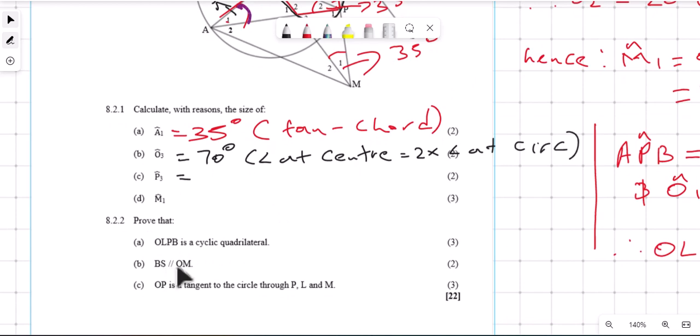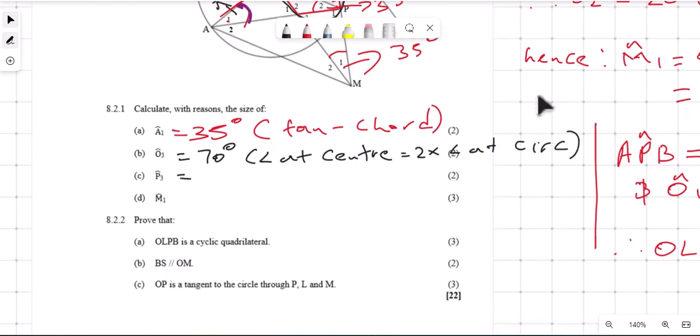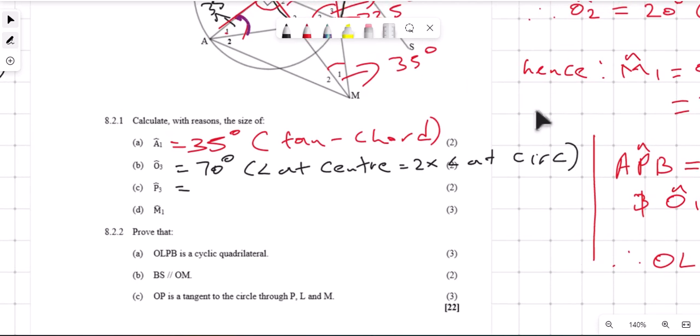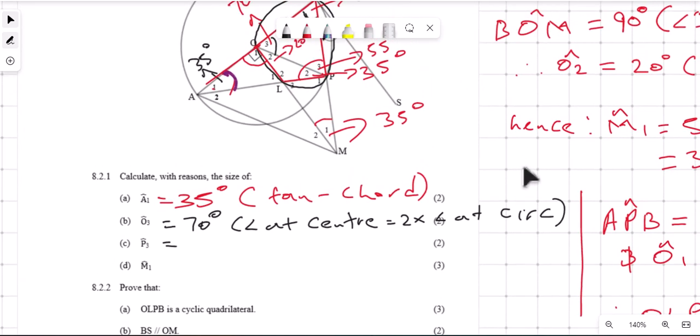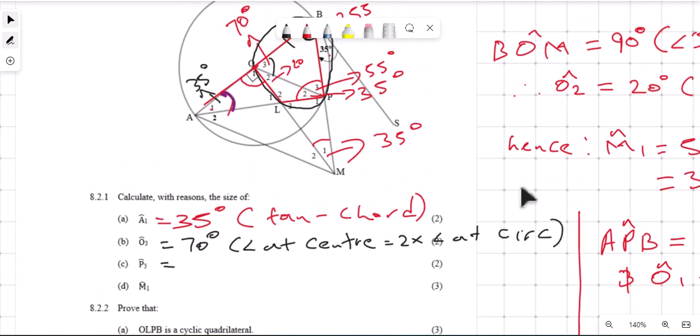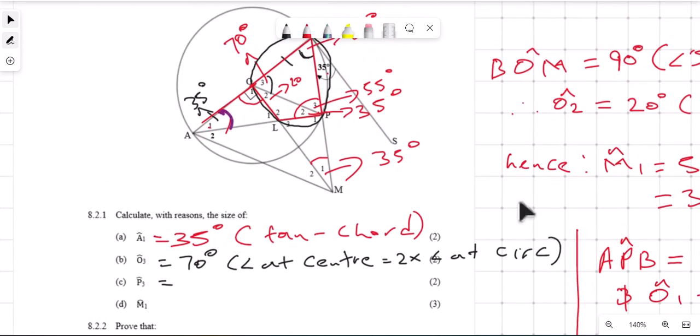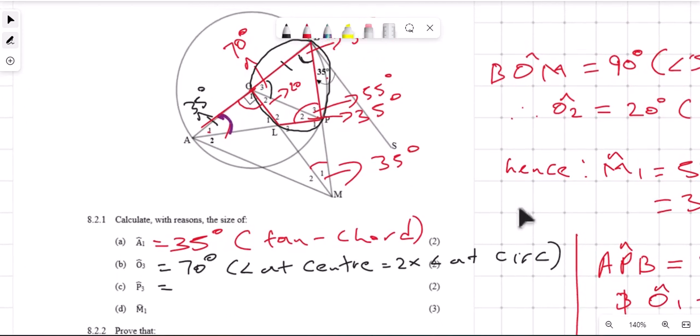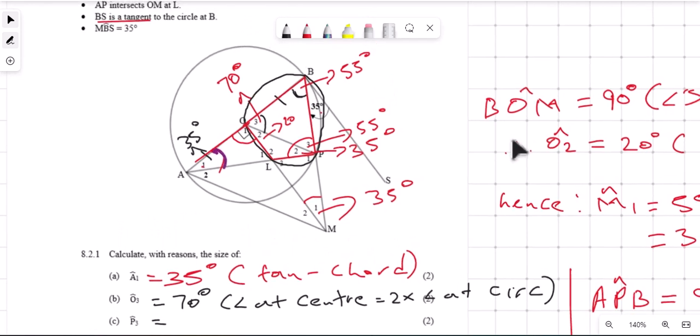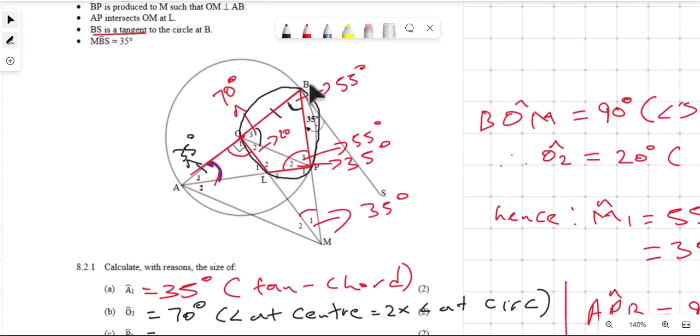Prove that BS is parallel to OM. Let's get BS. BS parallel to OM, true or false?